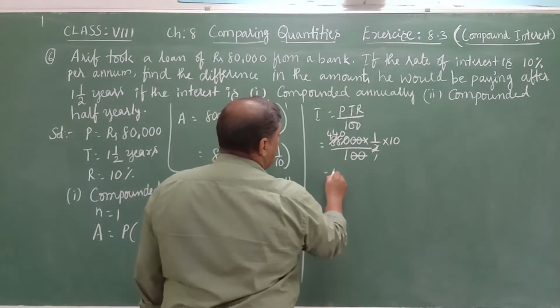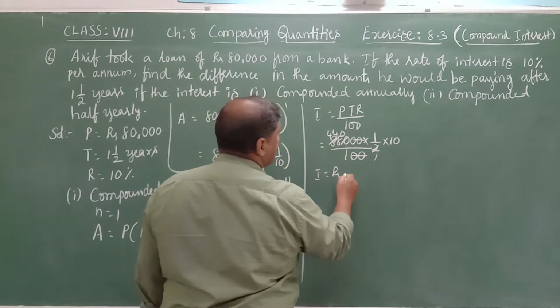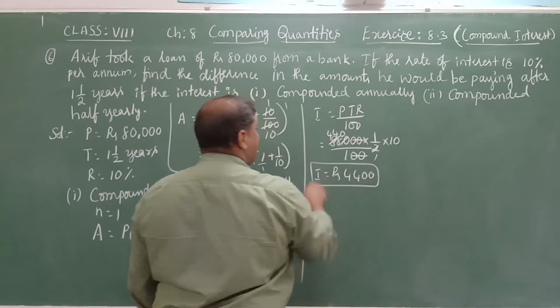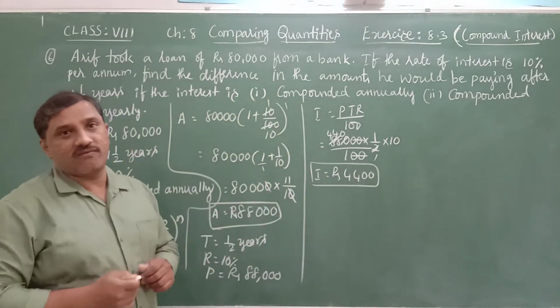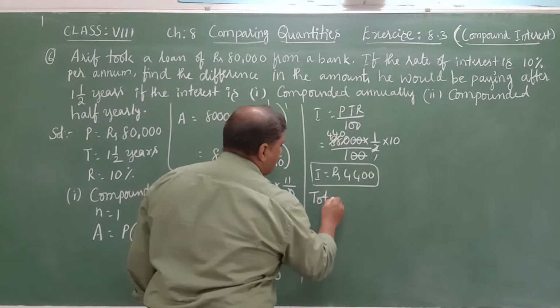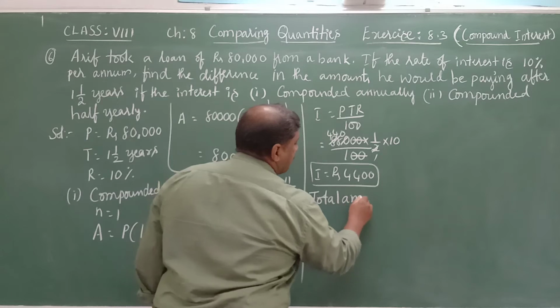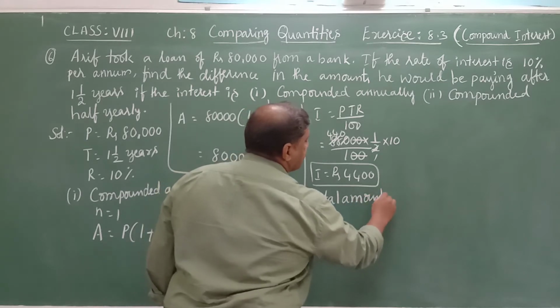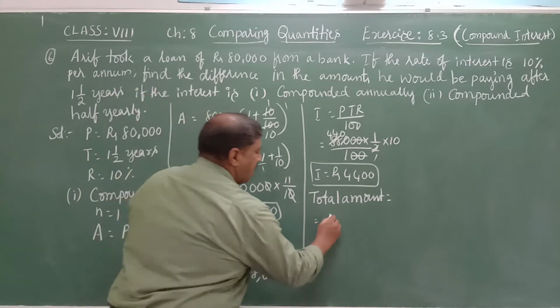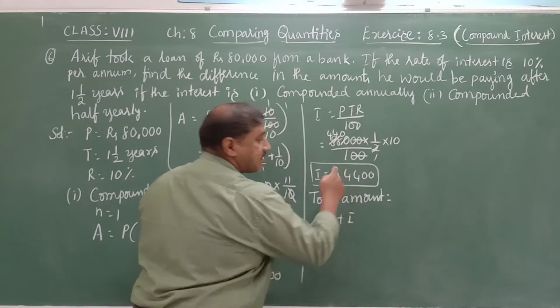Therefore you get interest is equals to 4,400 rupees, the interest for that 6 months. Now what is the total amount he has to pay after 1.5 year? Total amount is the principal P plus interest, that is simple interest.